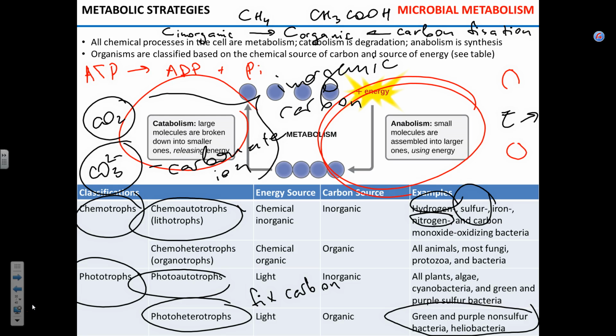By combining those strategies for energy acquisition and carbon acquisition, we can classify each organism into one of those groups. Does that make sense? You will absolutely get the question, such and such microbe uses blah blah blah as the source of carbon and uses blah blah blah as the source of energy. What is it? I'm not going to make it extremely hard, but you have to quickly recognize chemical versus light, organic versus inorganic.